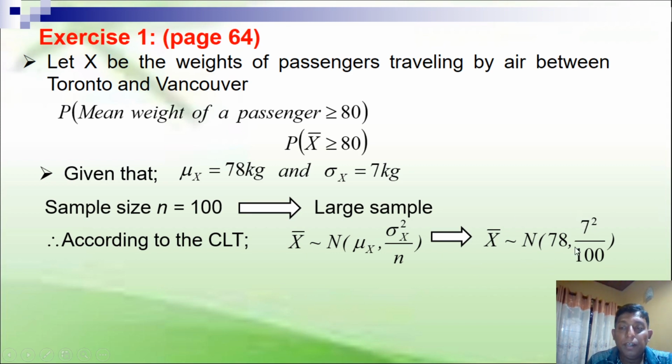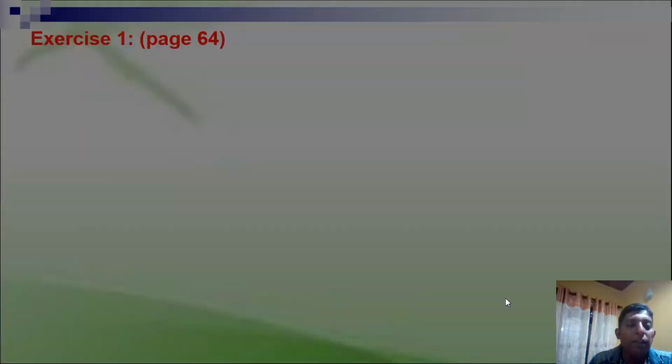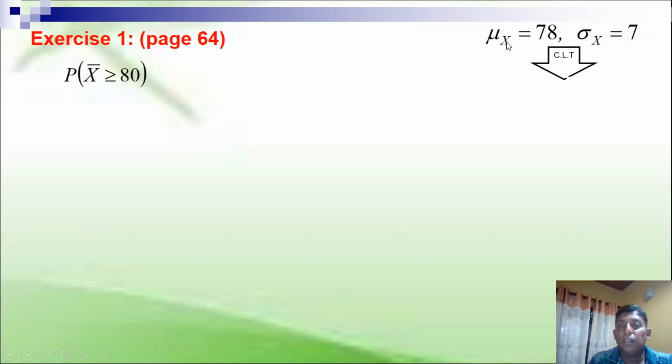Once we identify the distribution of X bar, then we can find the corresponding probability. Probability X bar greater than or equal to 80. These are the given conditions. Mean weight of passengers 78, standard deviation equals 7. Then according to the central limit theorem, X bar also follows a normal distribution with mean 78 and variance 49 over 100.